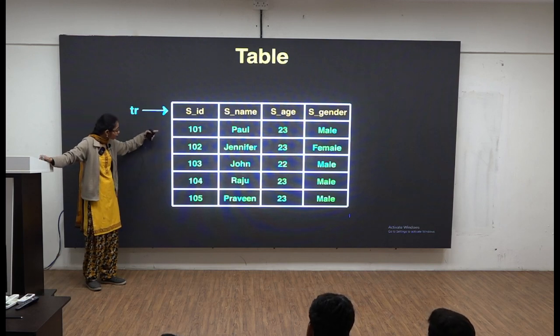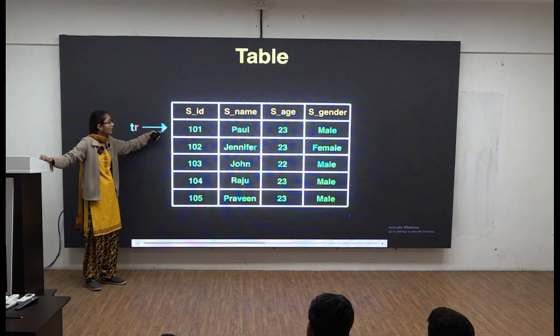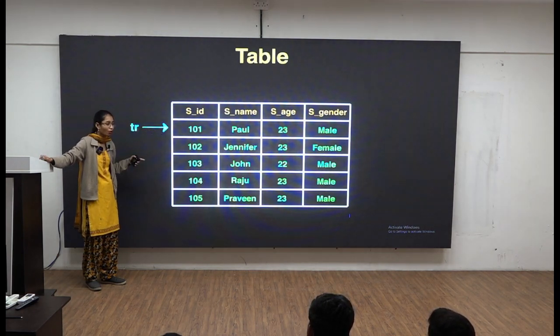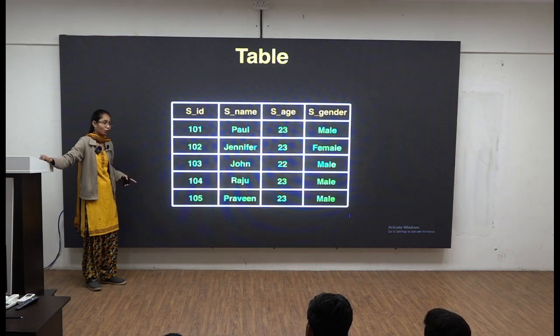Like that, everything that we have here, we will tell as a table row only. Every record that we have here, we will represent as table rows.